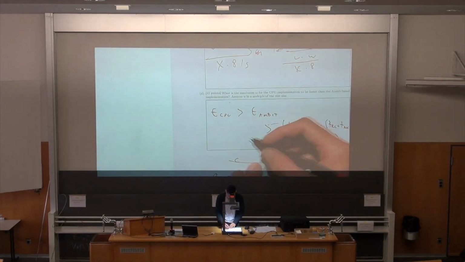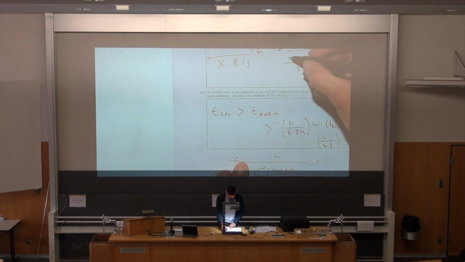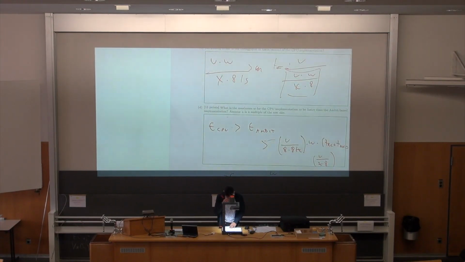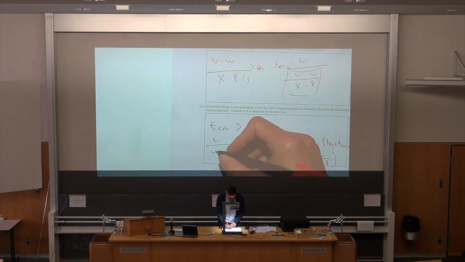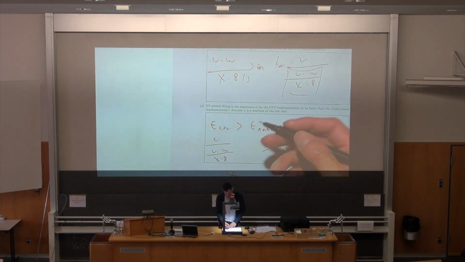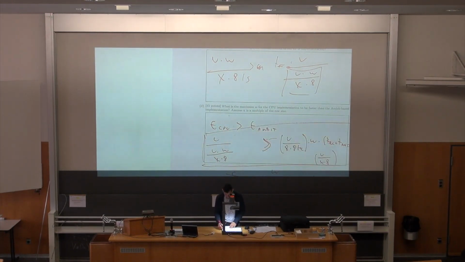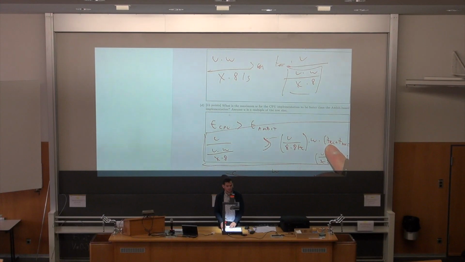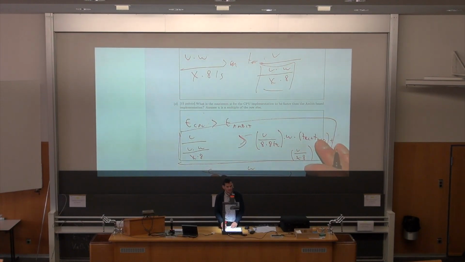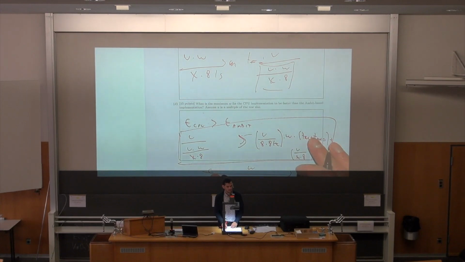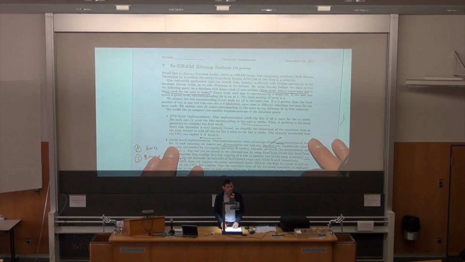So you need this to be smaller than the time of the CPU, that is U times W divided by X times 8. So you basically need to solve this equation. Again, try to reduce as much as possible in the exam, but it's more important to show your reasoning behind the question. So any question for this? Any questions for this one?